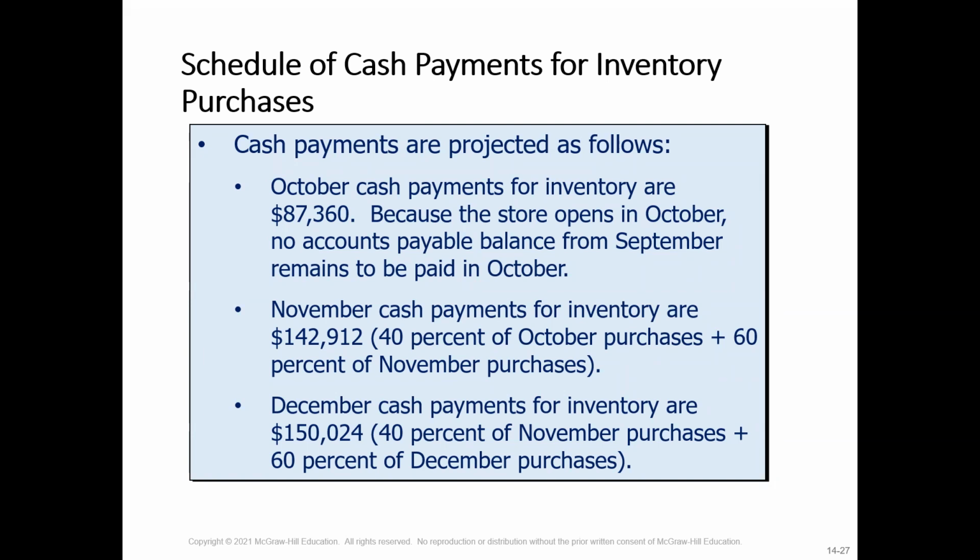Like for our October purchases, we will pay 60% of the cost of those purchases in October, 40% of the cost of those purchases in November. And also in November, we'll have payment for 60% of the November purchases as well. So we'll have cash payments for inventory, which will be comprised of payments for more than 1 month worth of purchases.